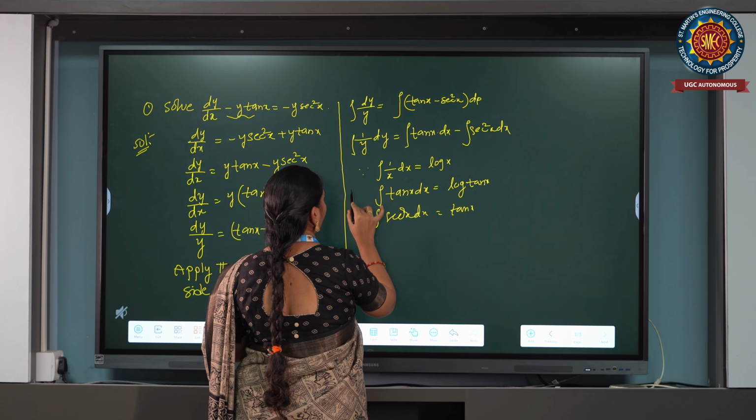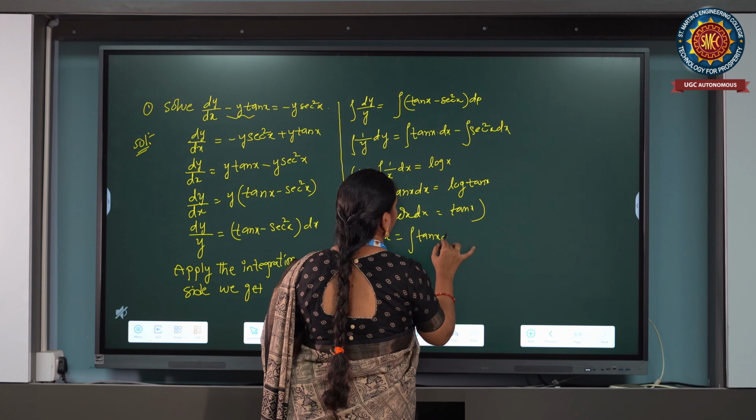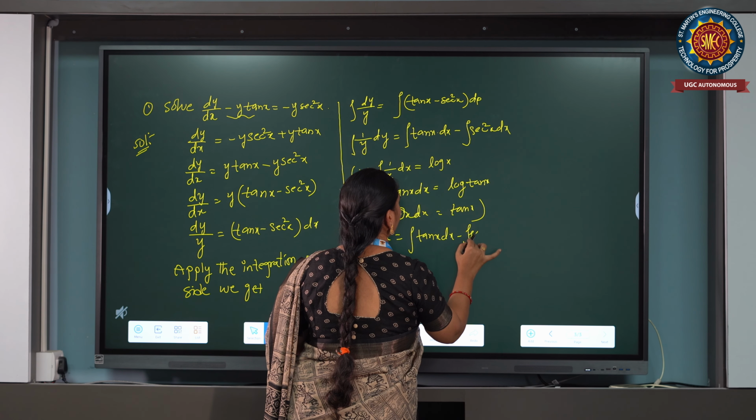So apply these formulas in the above statement.